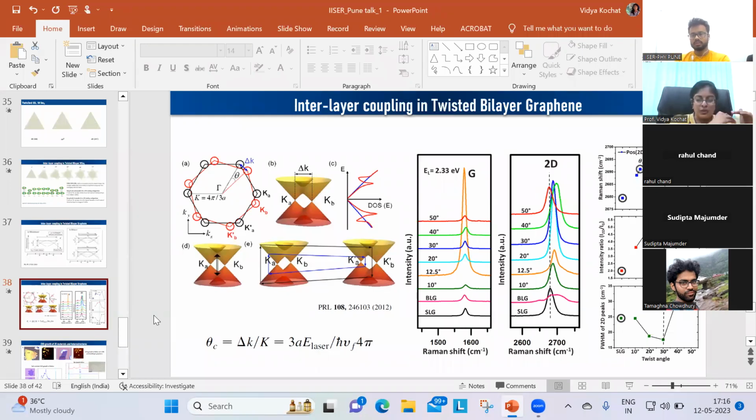Only way is you have to etch off the silicon oxide and then transfer it. So we didn't want to do that kind of a transfer. So that is why we tried to pick it up directly using HBN, but we were not able to. So we decided to loosen this WSe2 a little bit by injecting water.